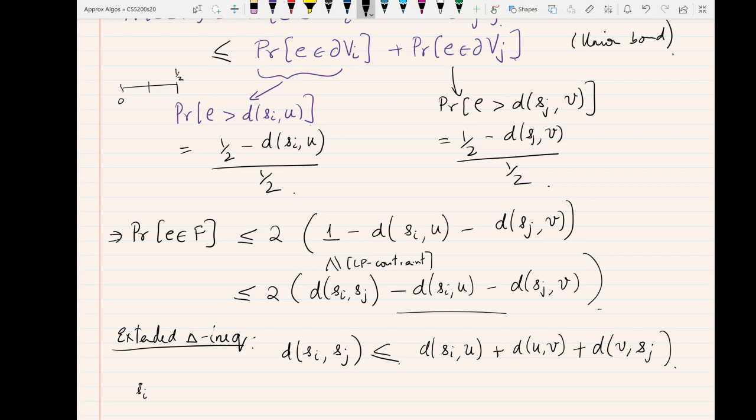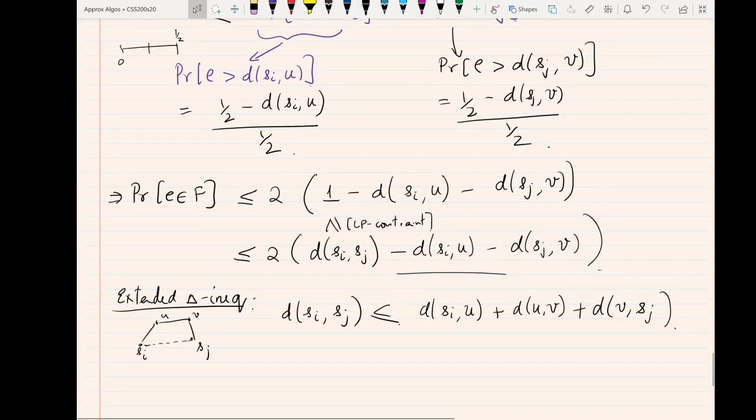It's saying that between Si and Sj, you have U, V, then the distance between Si and Sj is less than the sum of the 3 length path to U and V going between Si and Sj. This is not very difficult to see using the usual triangle inequality.